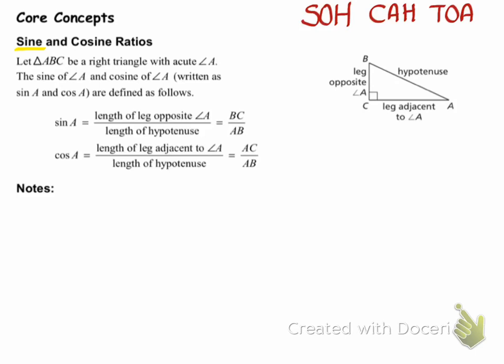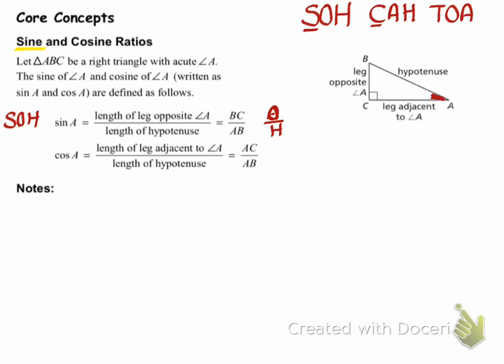Here we need sine and cosine. If I have to find the sine of acute angle A, it's going to be the opposite leg over the hypotenuse, O over H.